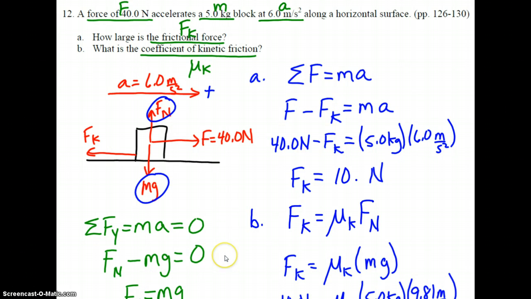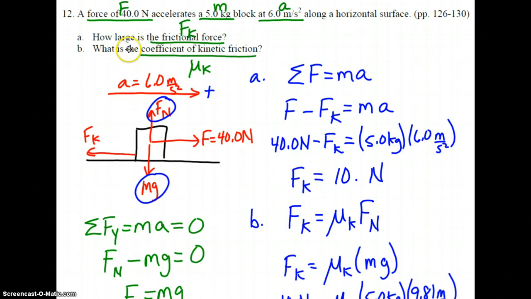Let's start by reading the problem and labeling the information. We have a force of 40 newtons, so we underline that and label it F. Accelerates, you could argue that could be underlined and labeled with an A. 5 kilogram mass, so because of kilograms we label it M, at 6 meters per second squared, and there's your value of acceleration, so that's been labeled A, along a horizontal surface.